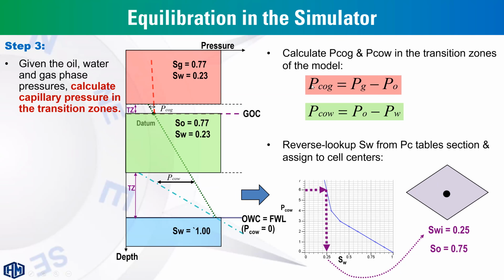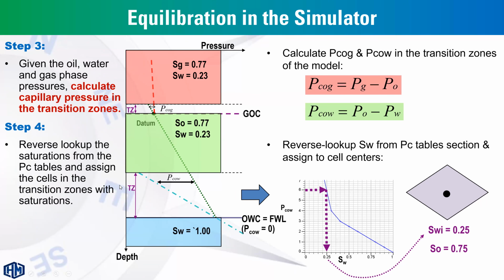Simply using the capillary pressure, using these two equations, the simulator will apply the lookup tables to get the saturation corresponding to the calculated capillary pressure, so we can define the initial fluid distribution across the transition zone.